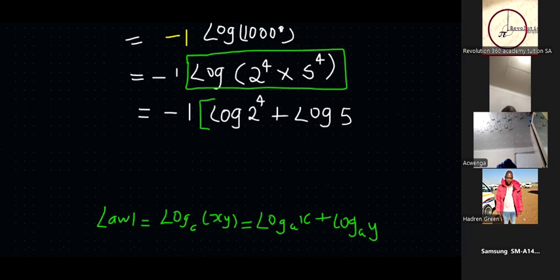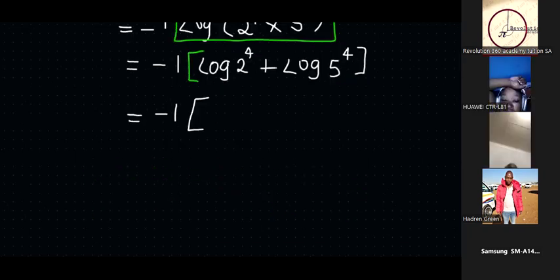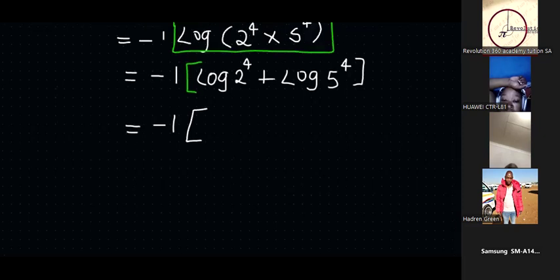Then we are still having -1. Now let me erase the law here. In this one, are you going to get the same answer? Yeah, you're going to get the same answer.